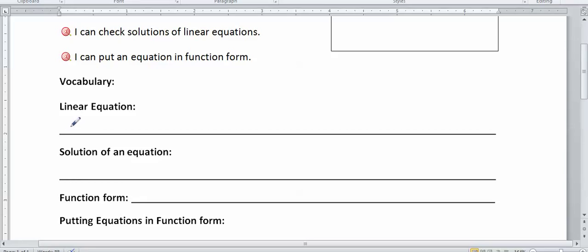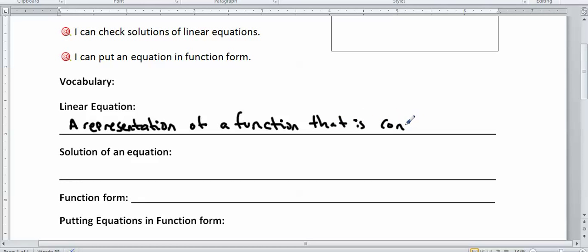Okay, so it's a representation of a function that is constant or any function in the first power.